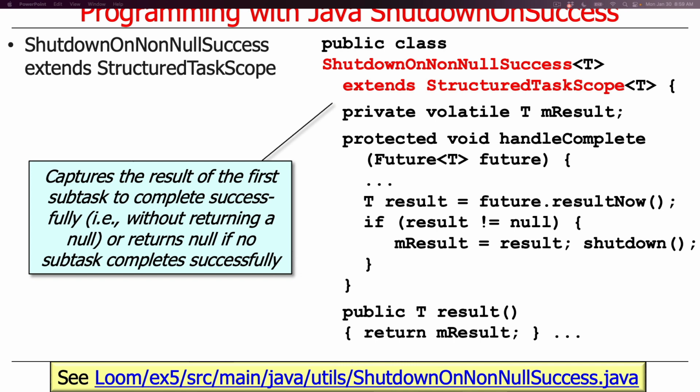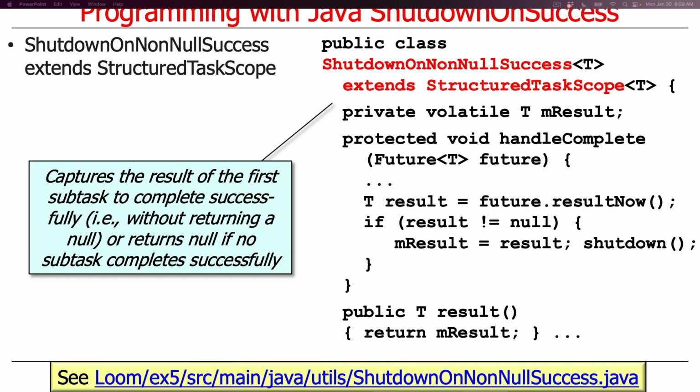So it turns out that StructuredTaskScope can be extended, as we do here, and we're going to define our own little class, which I call ShutdownOnNonNullSuccess. So it's still a shutdown-on-success-like thing, but this time it's going to shut down on the first non-null successful result. You can see this code here, and we'll look at it in the next lesson.